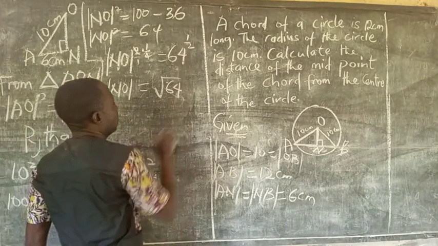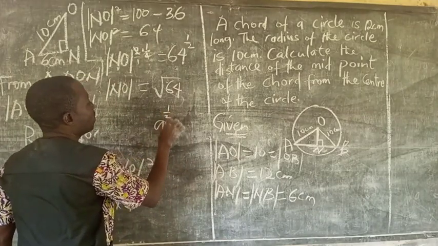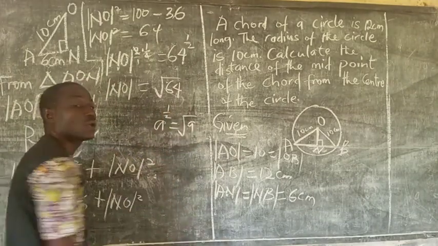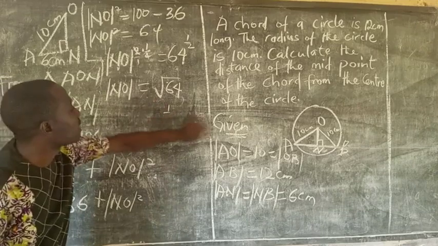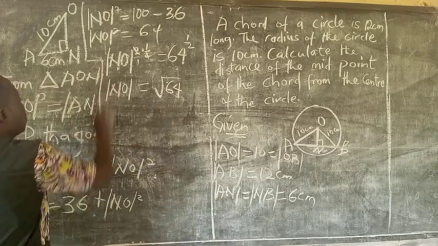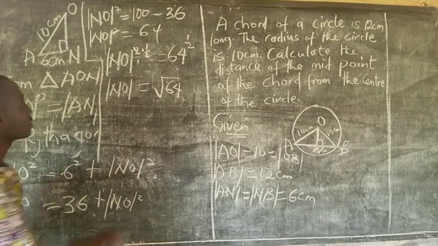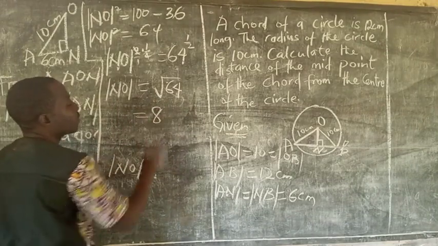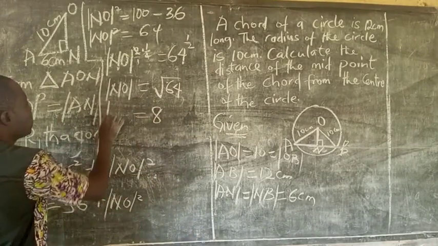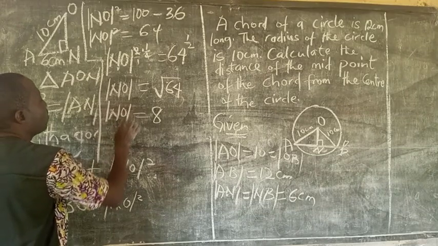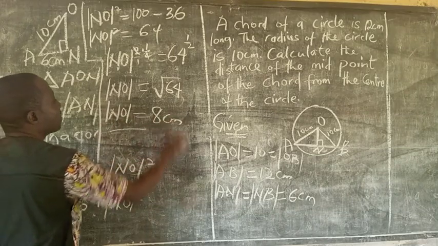So we have the right to write the square root of 64. What is the square root of 64? It's 8. So NO, which we're looking for, is 8 centimeters.